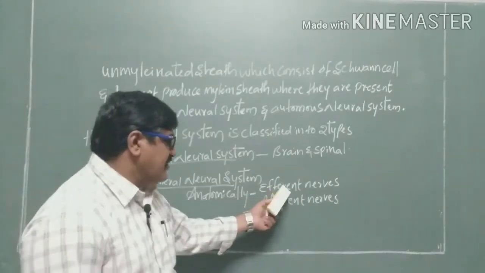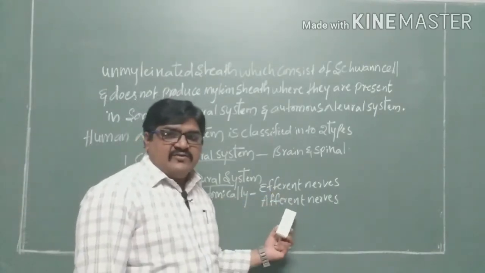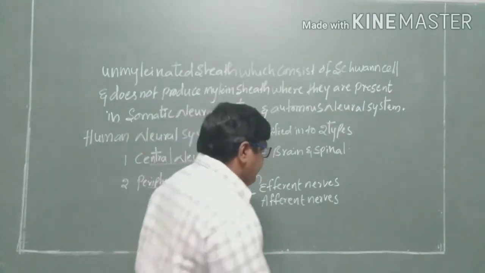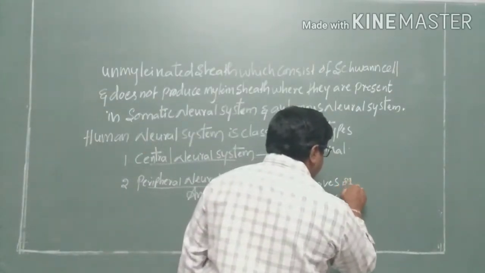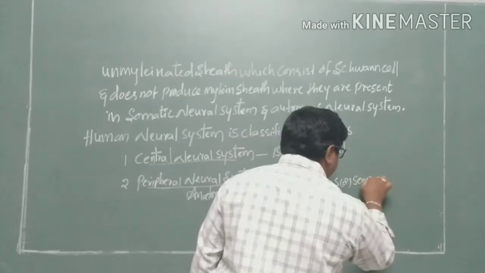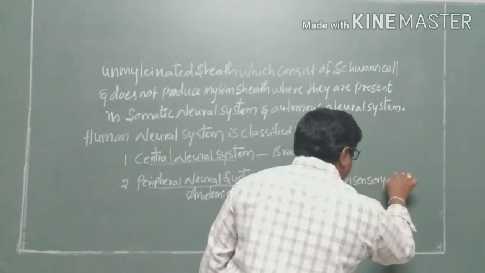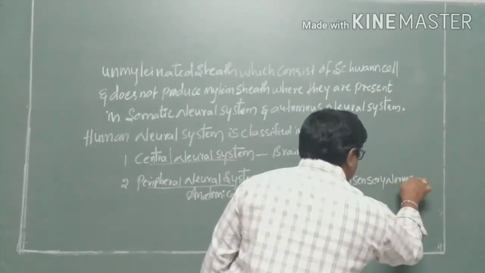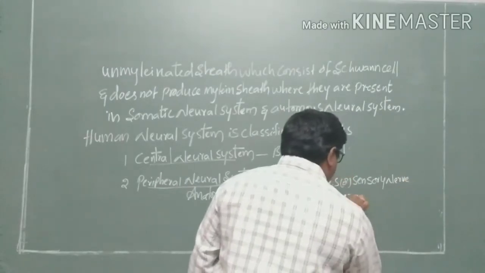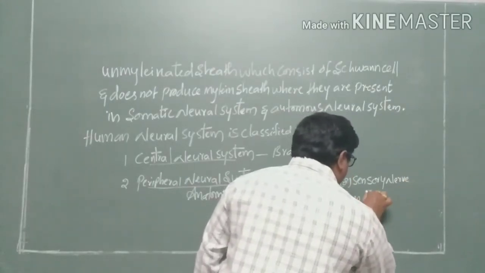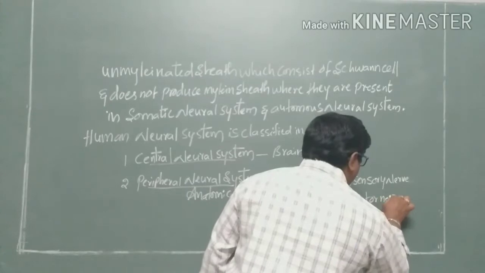One is afferent nerves, as well as efferent nerves. Afferent nerves are also called sensory nerves, and efferent nerves are also called motor nerves.